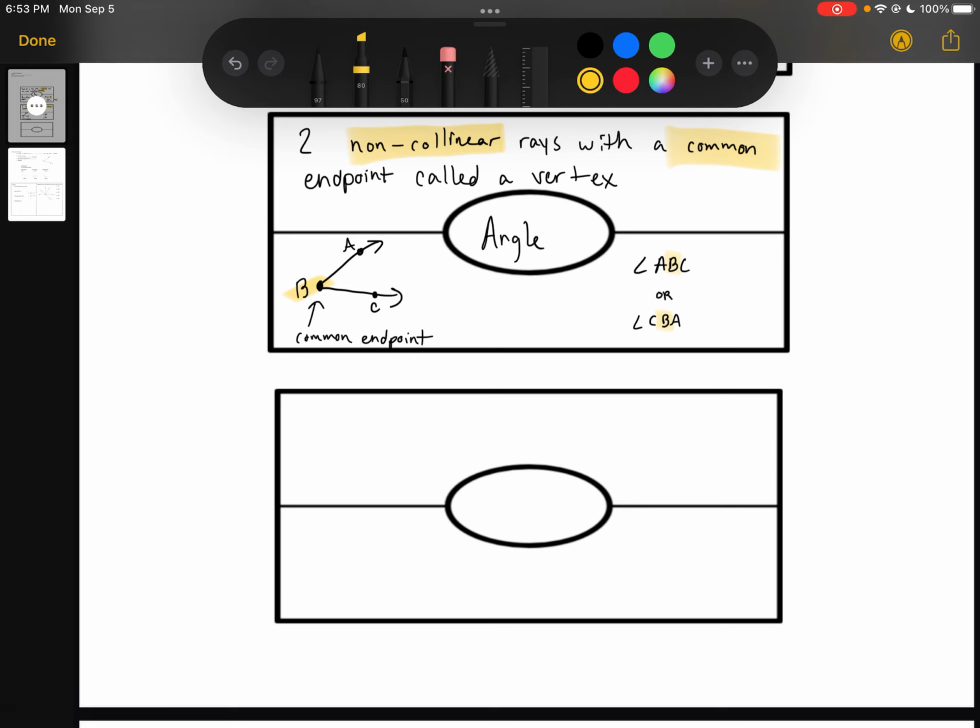All right, our last definition for today is starting to put a few of these things together now. Degree.